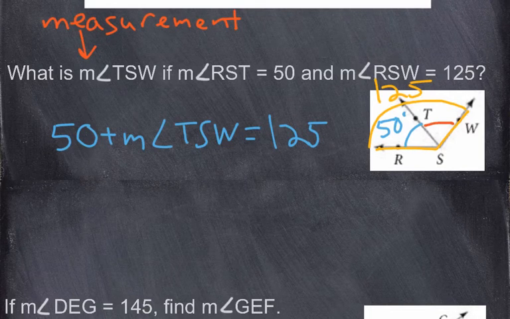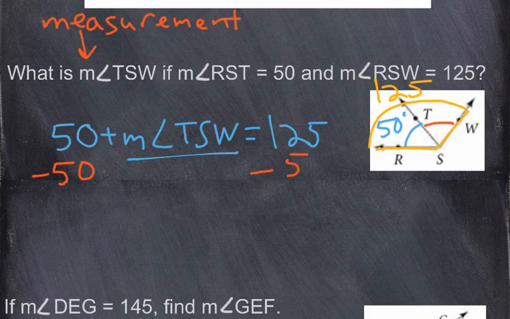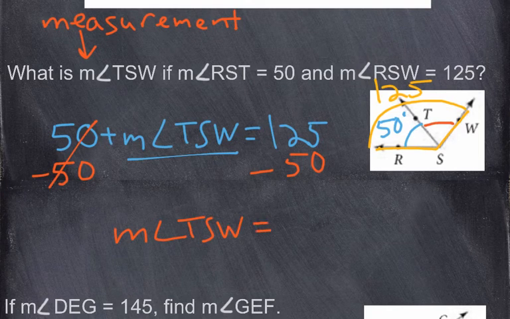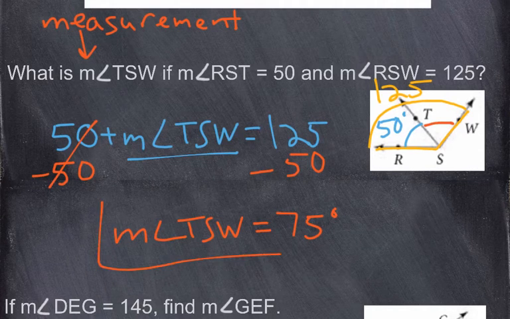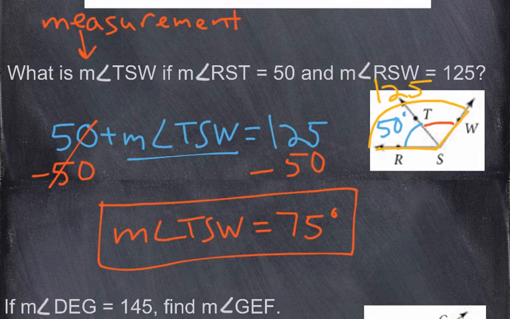And here now it just comes down to some basic algebra steps to get this by itself. Well, what we would do is we'd move that 50 by subtracting. And we would be left with the measurement of angle TSW is equal to 75 degrees. 75 plus 50 equals 125. But this is what our answer would be for this problem. Small angle plus small angle equals the entire angle.